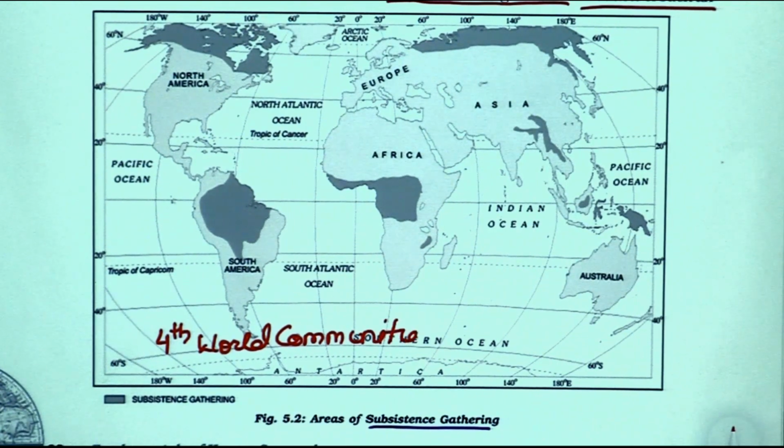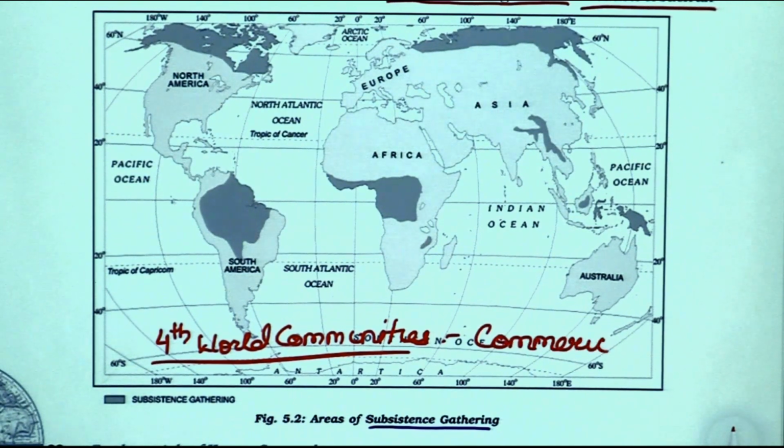Though there has been a range of commercial edge that has been generated for these activities, it doesn't have a global possibility. Because at such primitive level, any type of production will not be in the position of competing with the global market. So it is largely which type? Gathering is essentially subsistence type.